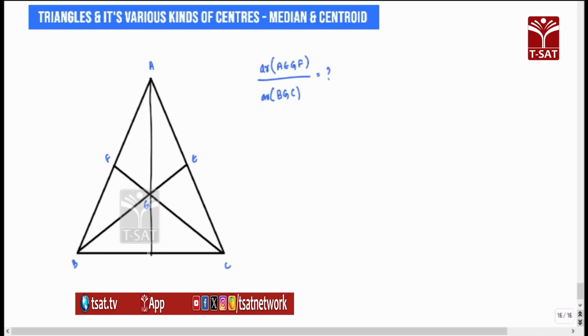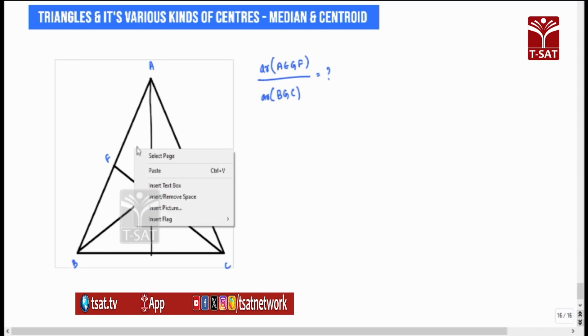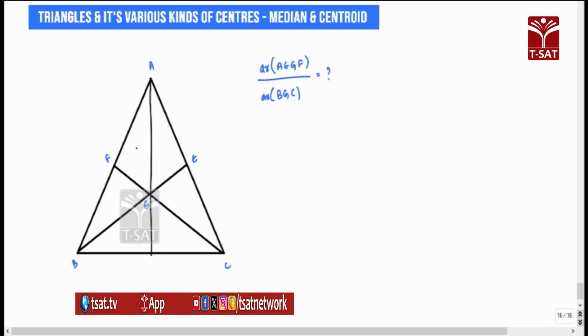these three medians divide the entire triangle into 6 equal parts. So all the areas of these triangles you see here are equal. All the areas I am taking as x. AEGF is a quadrilateral which is 2x because it consists of two triangles.